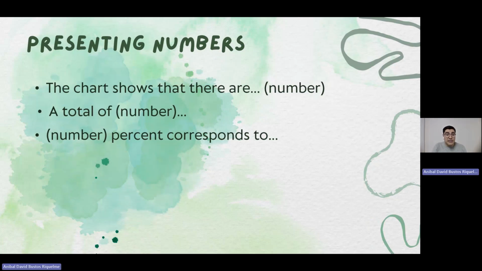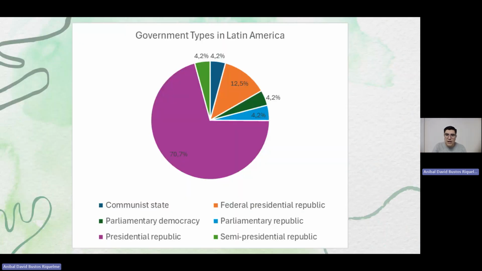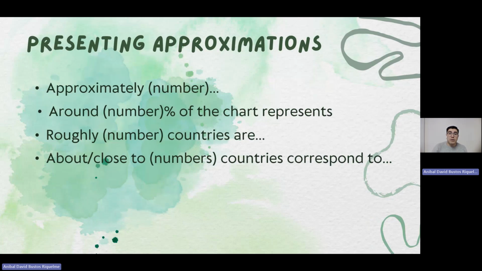Or we can talk about the percentages. Number percent corresponds to, in this case, let's say 12.5% of the countries correspond to or represent a federal presidential republic. And these are approximations. We say approximately, aproximadamente.